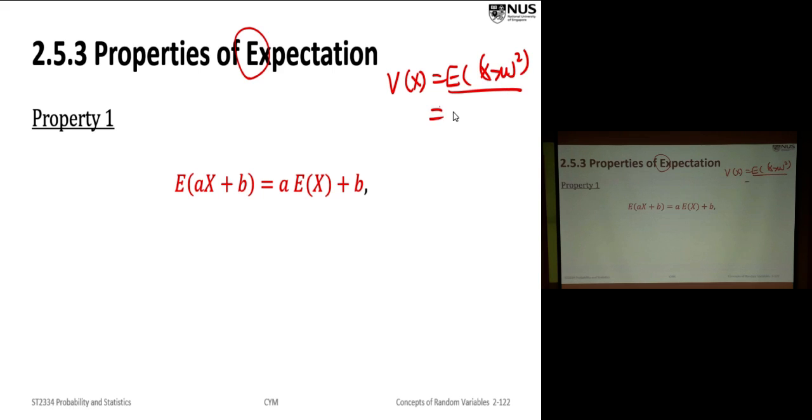Expectation of this function, which is expectation of x squared minus 2 mu x plus mu squared. My point is variance is an expectation, but it's not expectation of x, but expectation of a function of x. So in fact, it's equal to this whole thing.